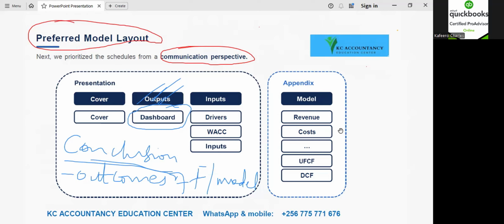So once they have seen those critical outputs, then the next logical thing to show are the inputs. The reason why we show the inputs is because it is these inputs that led to the outputs that we presented in the dashboard.